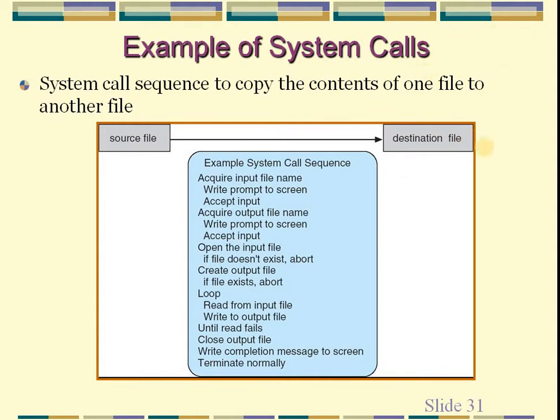If data is to be copied from one file to another, then the file name should be known. So first acquire the input as the file name. Either it should be initialized in the program or input should be taken interactively from the user when prompted. That is, write a prompt to the screen to provide the file name.